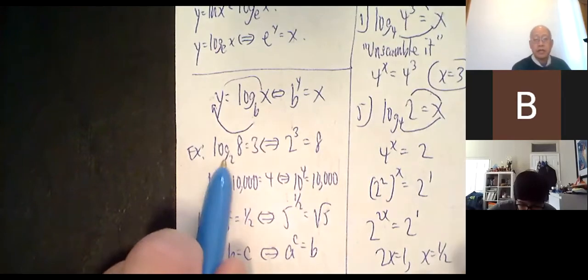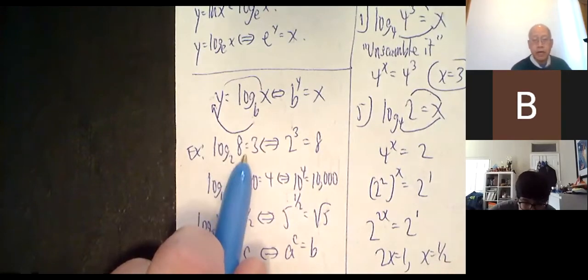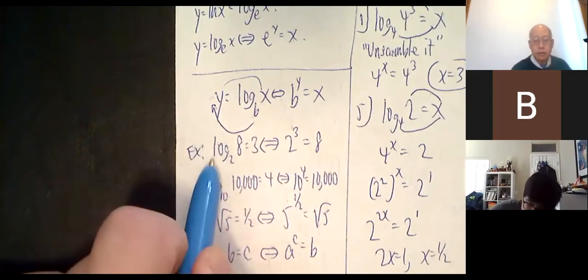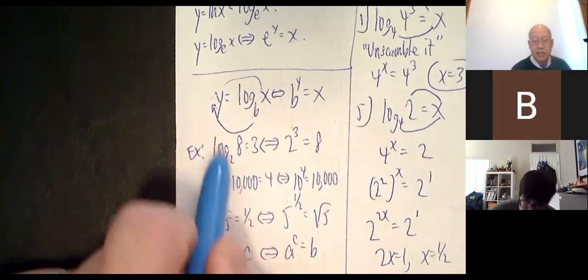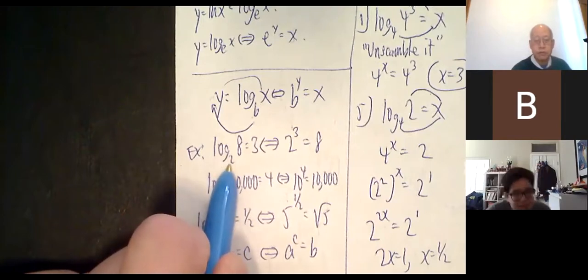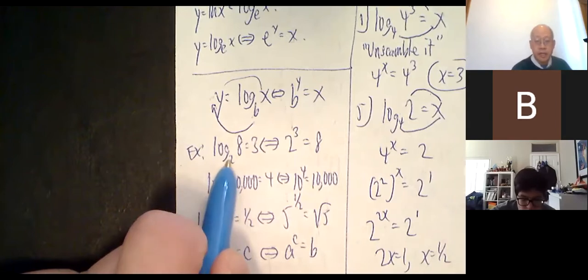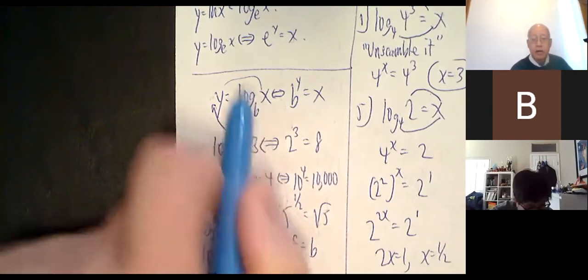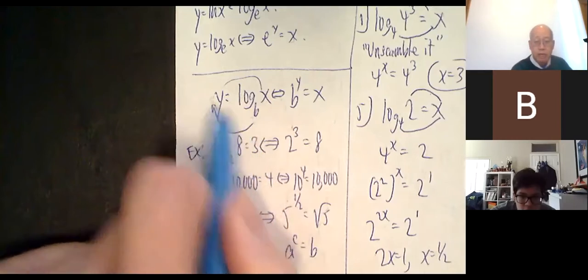Log base 2 of 8 equals 3. How do you write it without the log? Start with the base. The base is easy. It's always the thing that's sunken down next to the g. So 2. Exponent is on the other side of the equal sign. In this case, I have to go that way. Now over here, I have to go that way. So be careful.